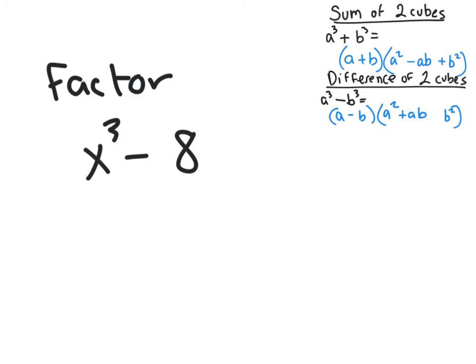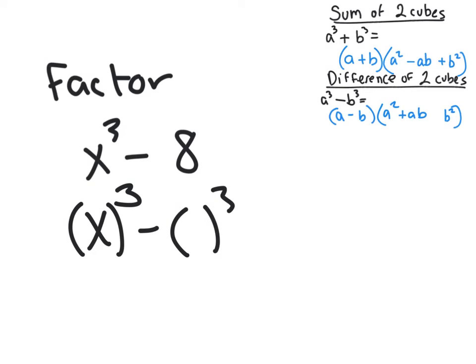So the very first step would be to write it as x to the third minus what to the third. That 8 becomes a what to the third power? 2 to the third power. So this is your first step. Now, why would I want to rewrite this to look like this?